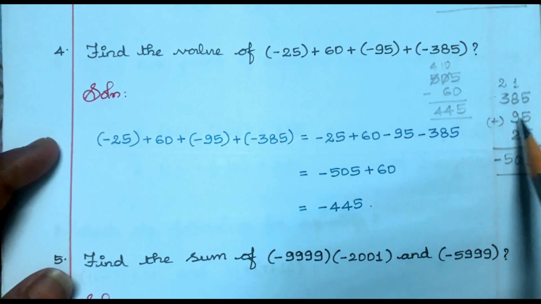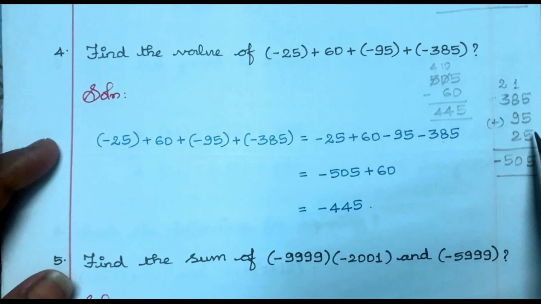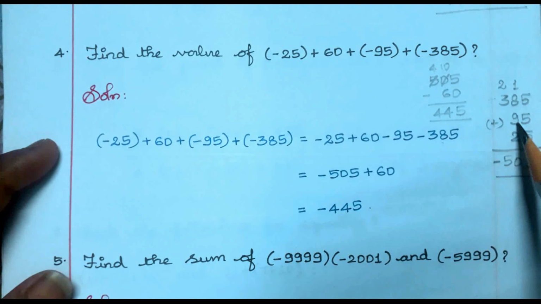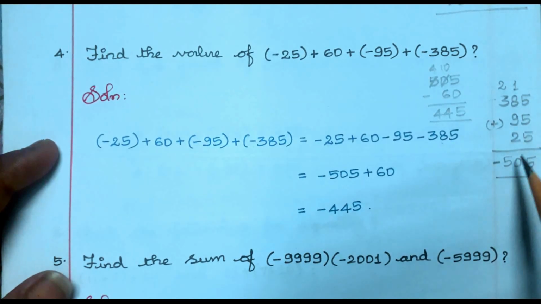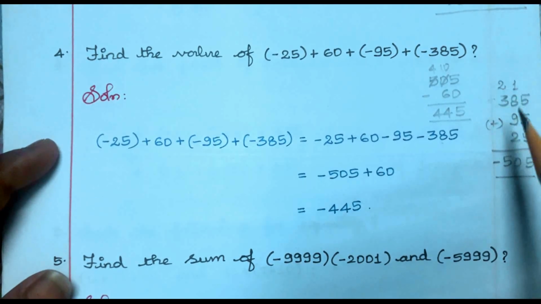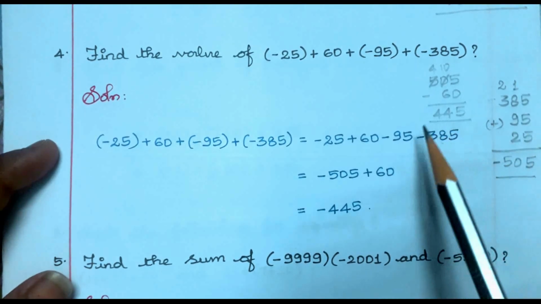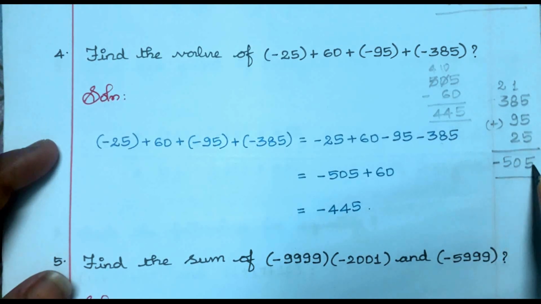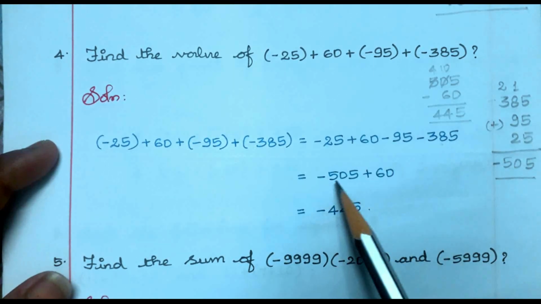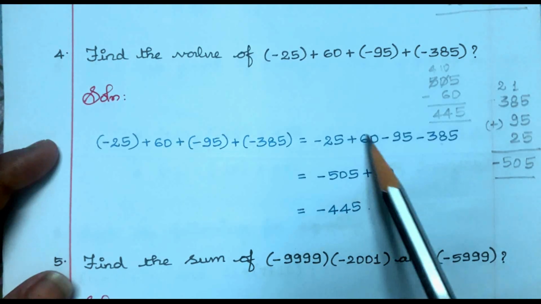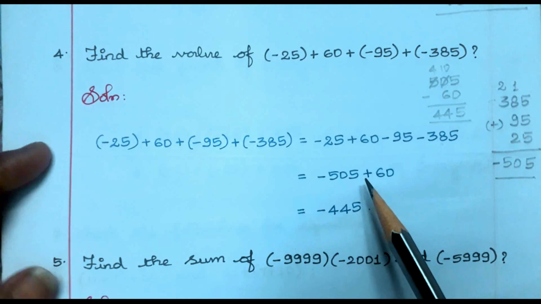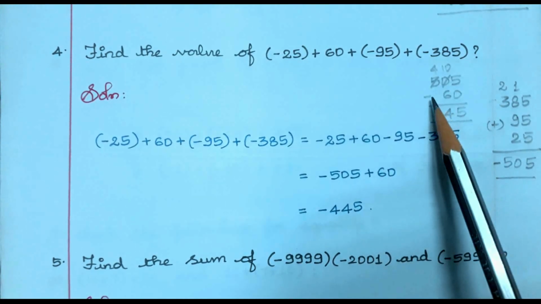So 385, 95, 25: 5 plus 5, 10, plus 5, 15, remainder 1. 8 plus 1, 9, 9 plus 9, 18, 18 plus 2, 20, remainder 2. 3 plus 2, 5. Now from this we know that the biggest number's sign is minus, so minus 505. For this I have written minus 505 and the remaining number is plus 60, so I have taken it. Now both the signs are different, so we have to just subtract.